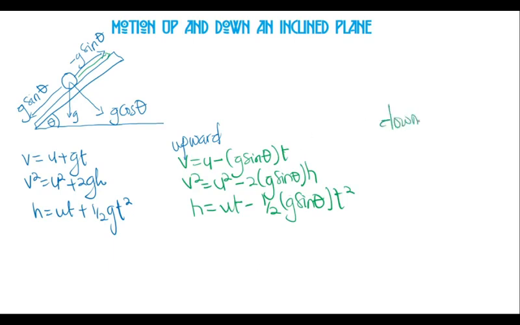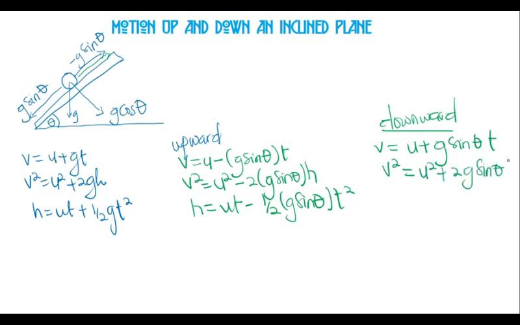What of downward, when the body is coming downwards? The only difference is that the negative sign over here will now become positive. So we have v is equal to u plus g sin theta t. Then v squared is equal to u squared plus 2g sin theta h.